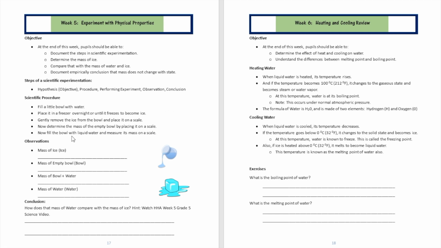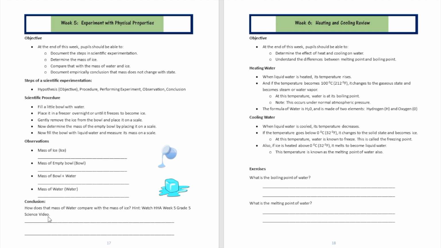Now fill the bowl with liquid water and measure its mass on a scale. What you are going to see is that the mass of ice and the mass of water will be approximately exactly the same, once you take away the mass of the bowl. You may want to call it weight, but it's actually the mass.